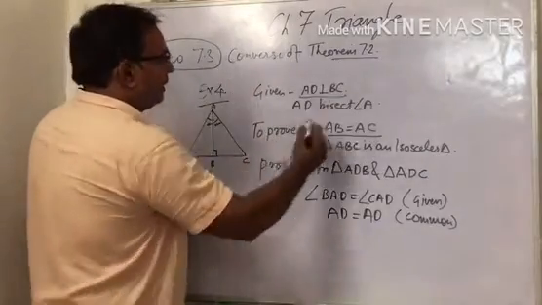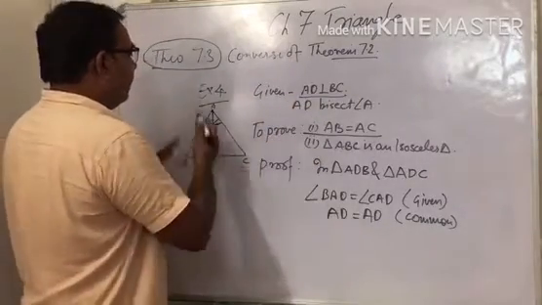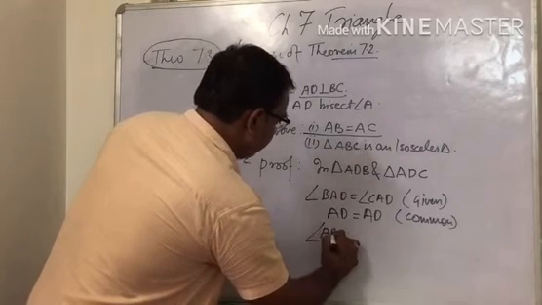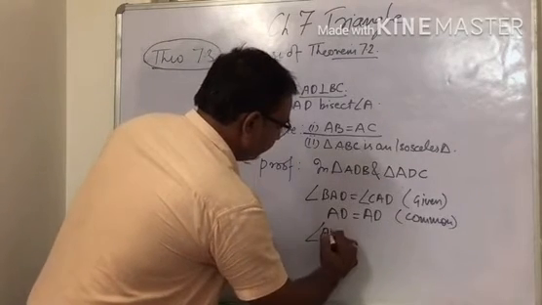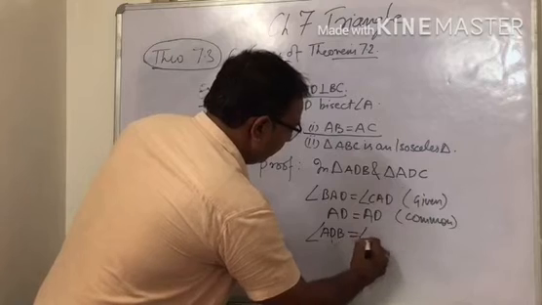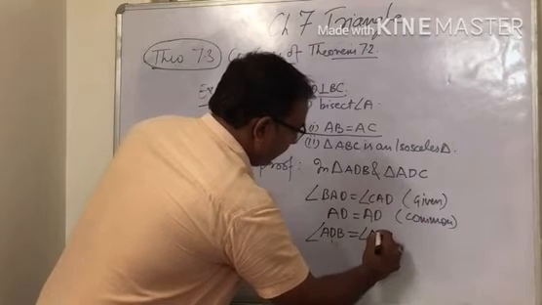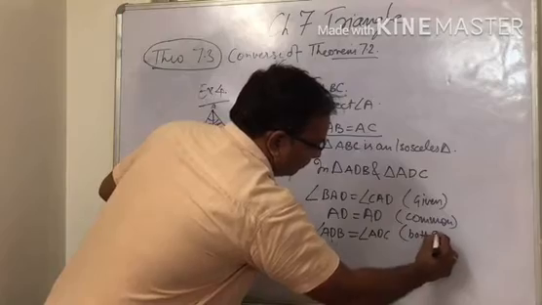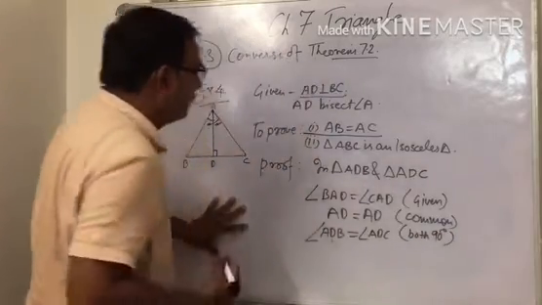Now AD is perpendicular to BC. It means that angle ADB is equal to angle ADC. Both are 90 degrees.